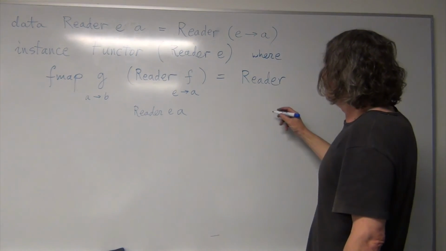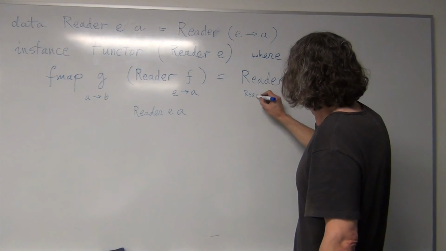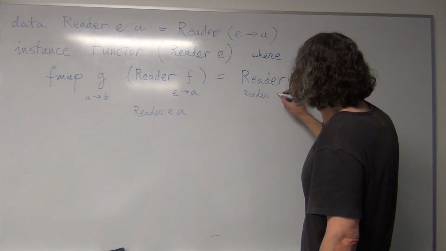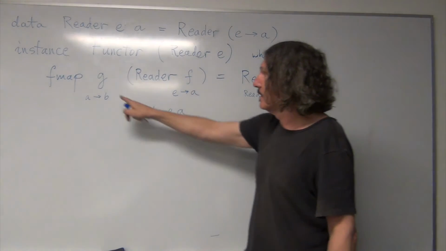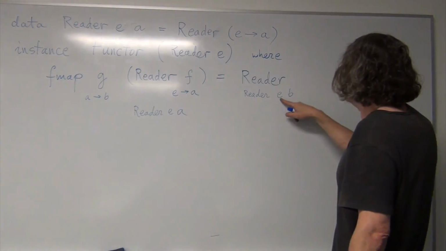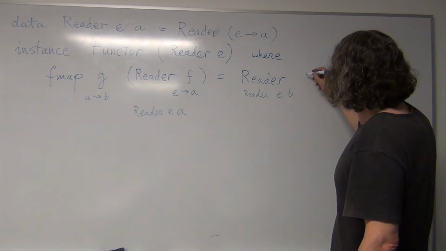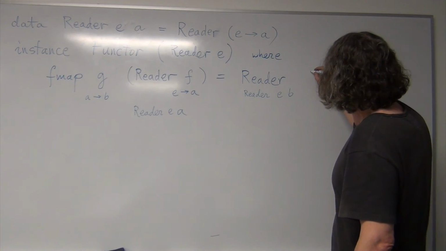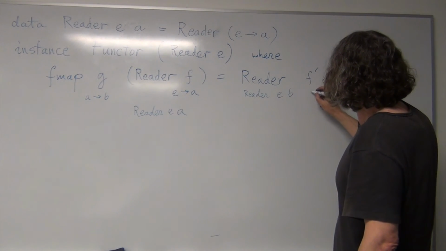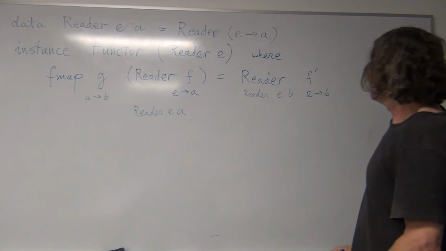It should return a reader whose type is reader of E B, right? Because this function transforms from E to B. So it has to be a reader of some function, you know, f prime, whose type signature is E to B. Okay?